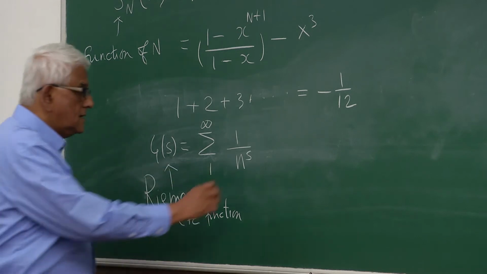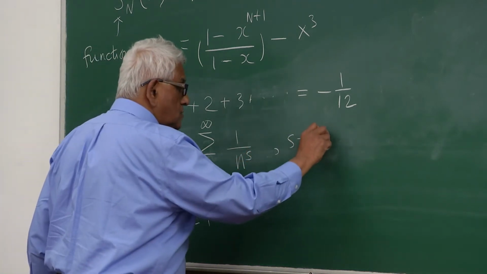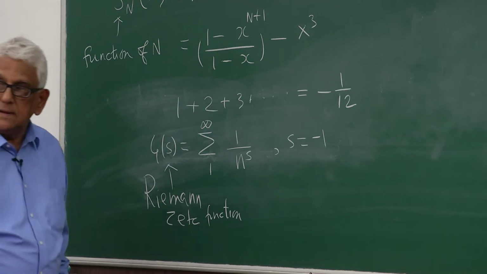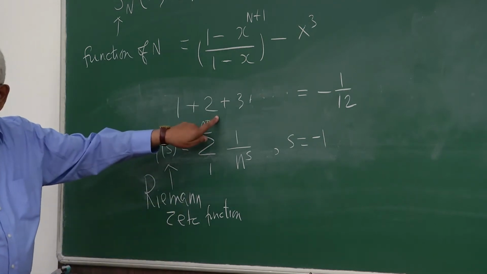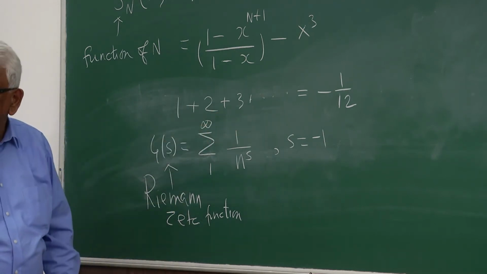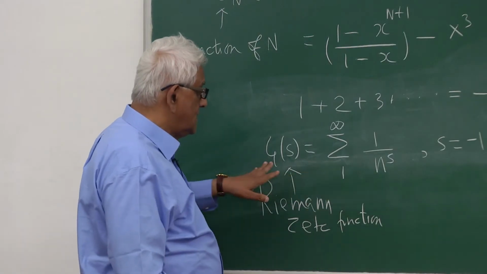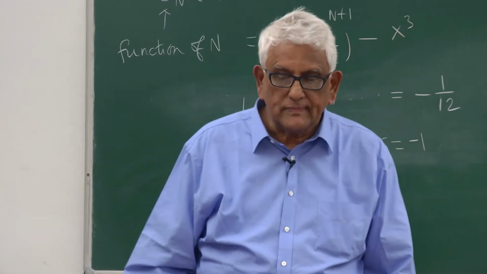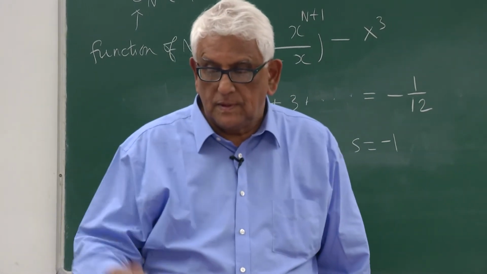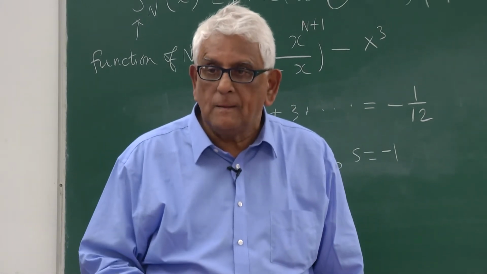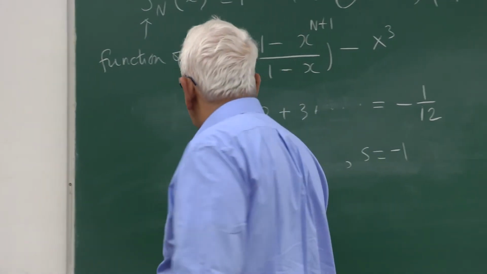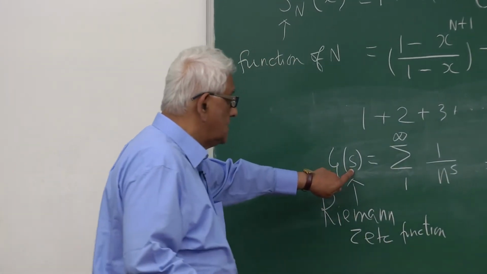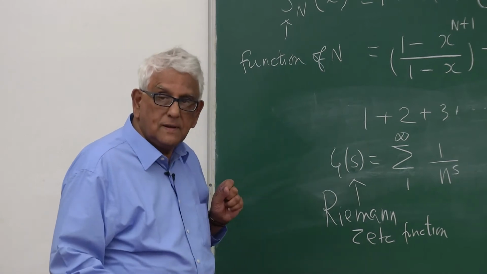Then if I take s to be equal to -1, then I get this 1 plus 2 plus 3. It turns out, and this was a great advance made by Riemann, that s here is a parameter.